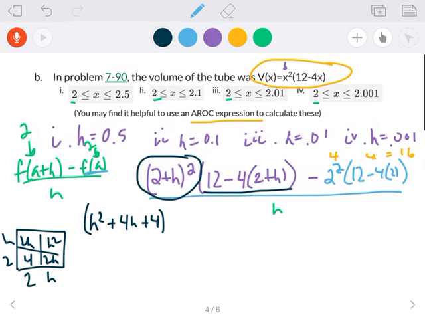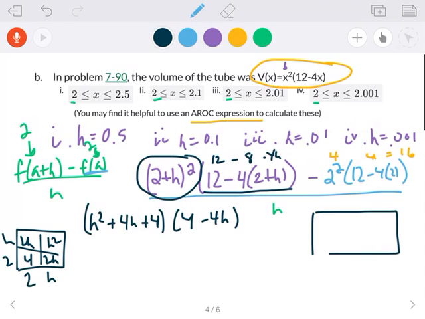So if we start inside, we have minus 8 minus 4h, and we have a 12 out here. So 12 minus 8 is 4 minus 4h. And when we need to multiply this, it's going to give us a giant area model. So it looks something like this.